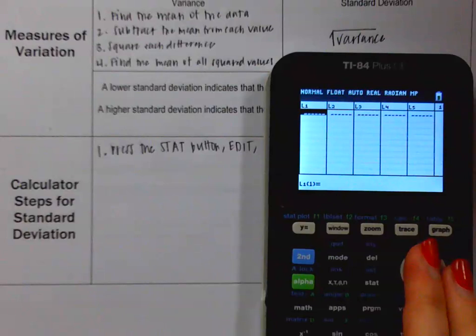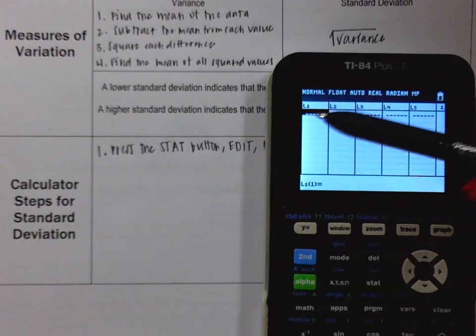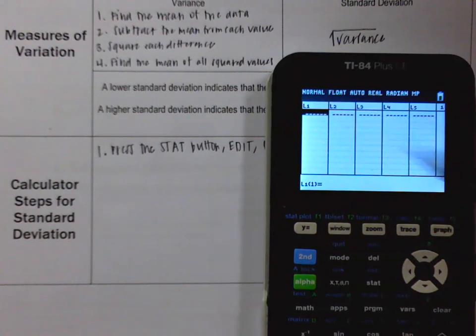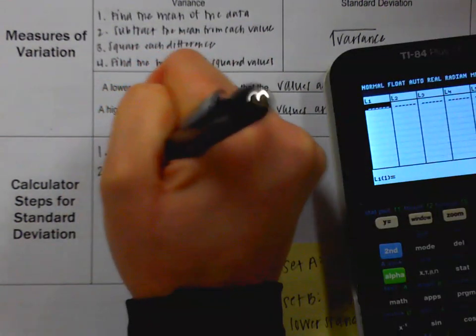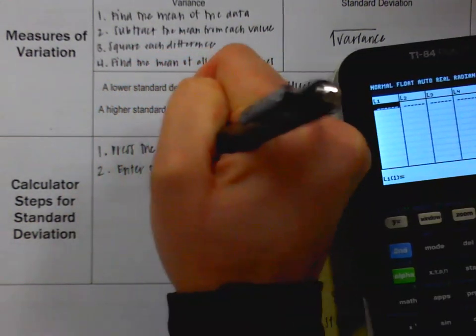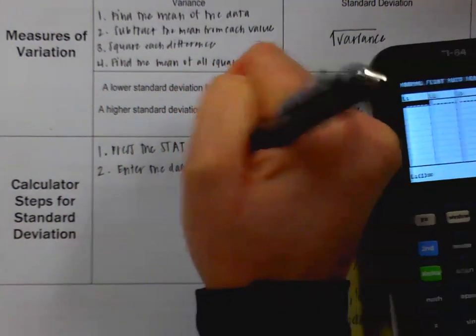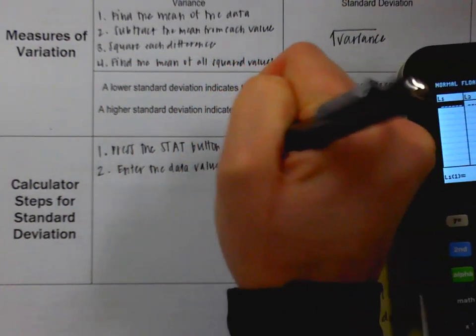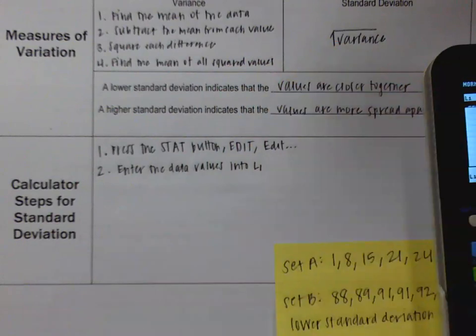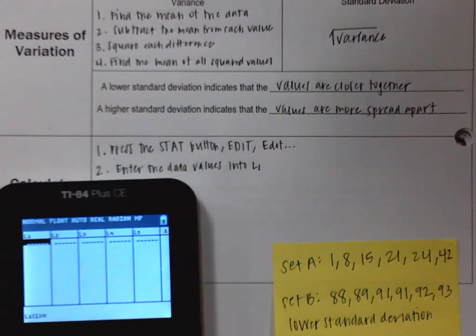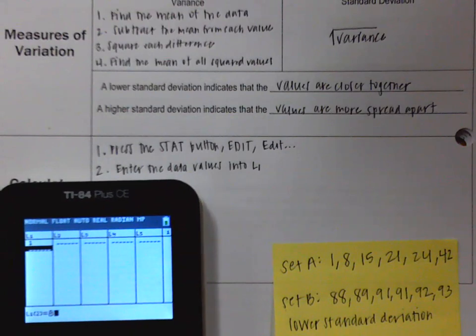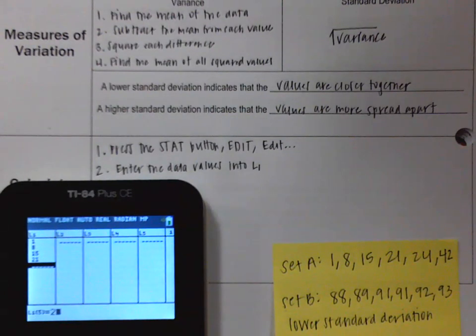And so now we're just going to enter our data values into L1. So make sure you have L1, and I'm going to enter the data values into L1. So I'm just going to go 1, press enter, 8, enter, 15, 21, 24, 42.